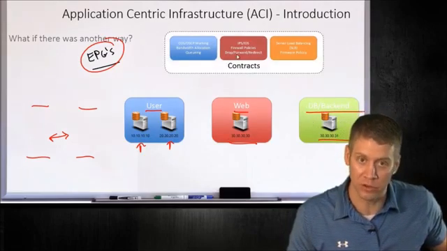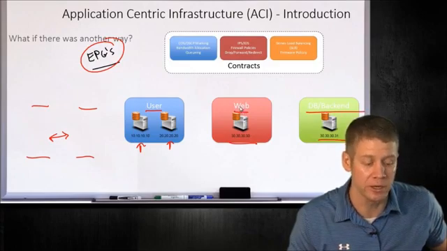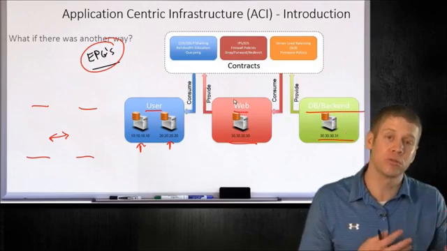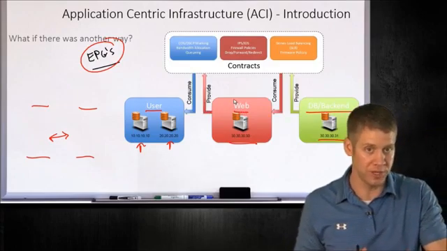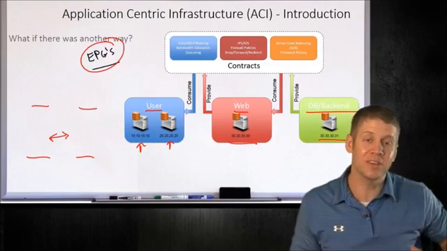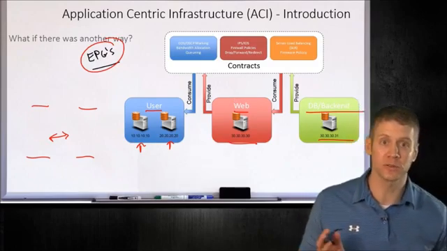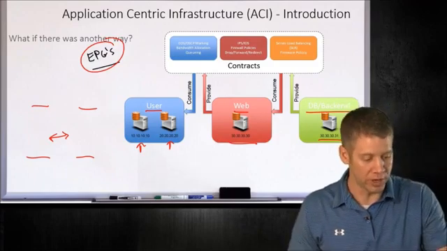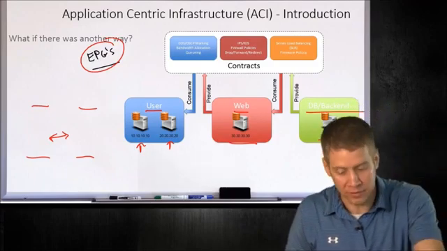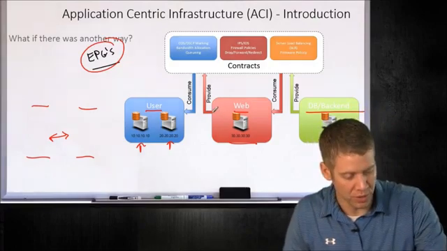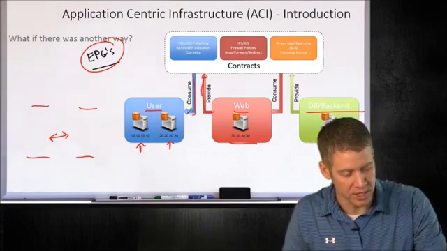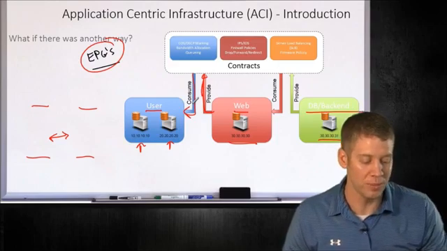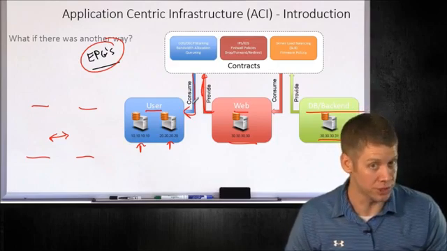Okay, and basically our policies are contained therein, and we're going to be able to use this provider and consumer relationship that ACI uses to basically dictate, hey, the web server is providing this contract. So the web server may be providing a contract that the users consume.